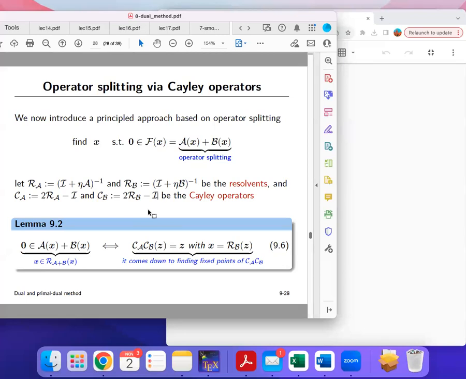So these two operators only involve R_A and R_B, only the individual smaller operators, so they are easy to compute. And this lemma shows that finding a zero of this sum of two operators is equivalent to finding a fixed point of these two operators.